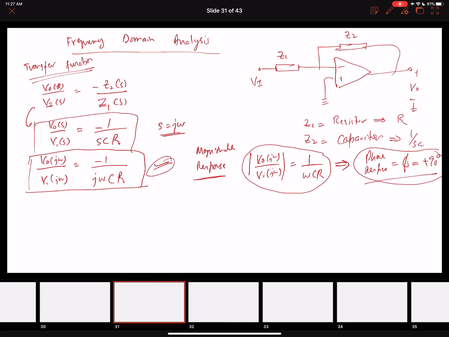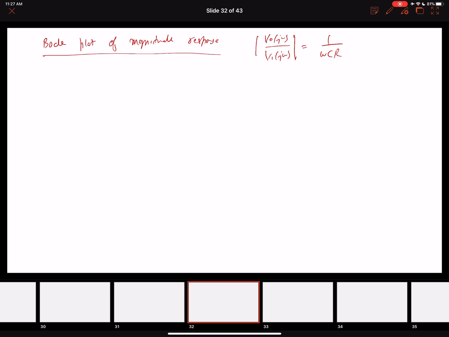If you plot this, remember that we usually make the Bode plot on a log scale. On the x-axis we have omega, and on the y-axis we usually have decibels, V naught over Vi.